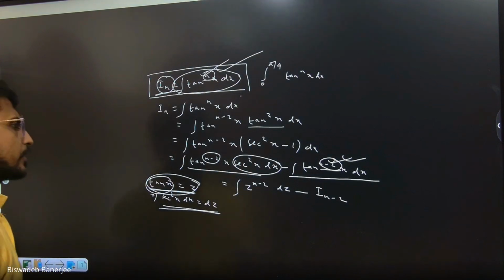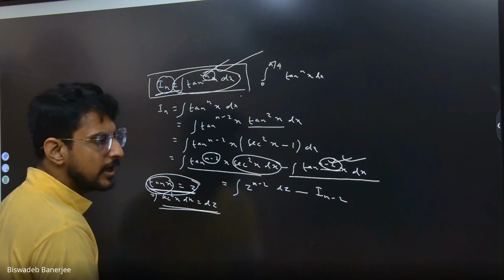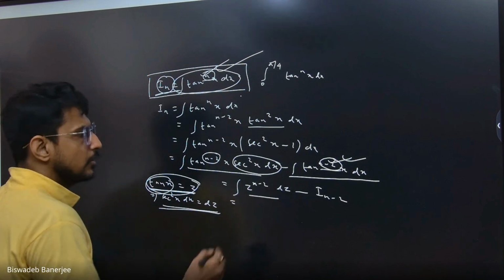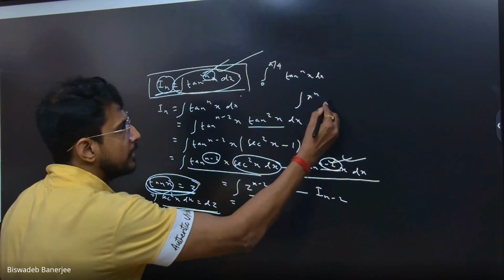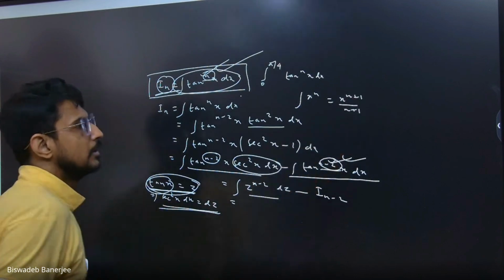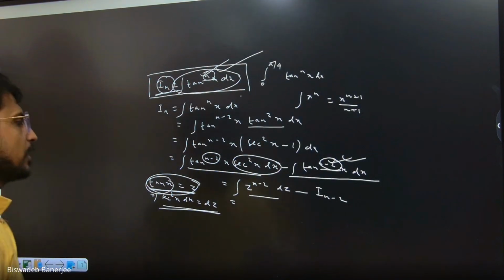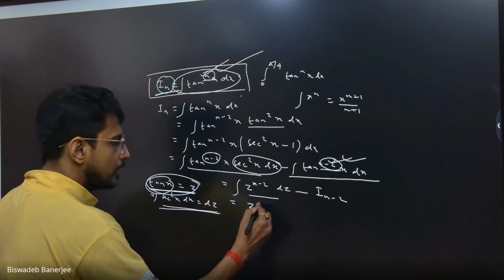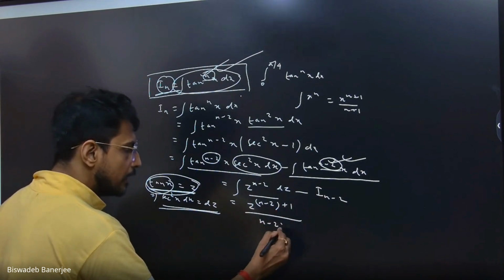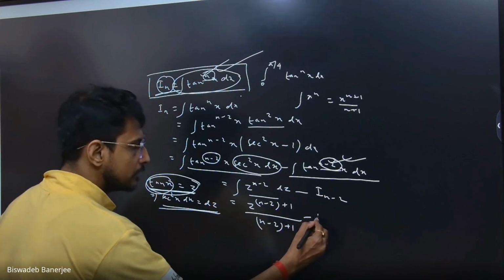So a simple substitution method we can apply here. If we integrate this, we know integration x to the power n is x to the power n plus 1 by n plus 1. So here the formula will be this plus 1 by this plus 1.